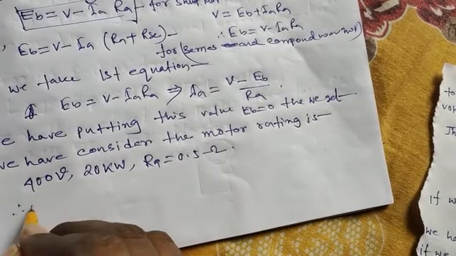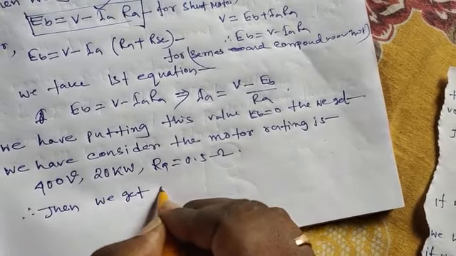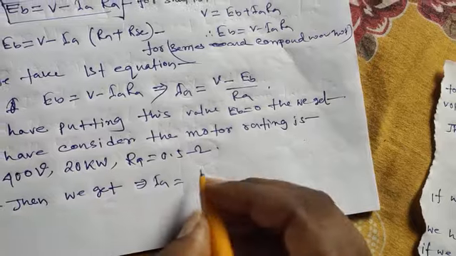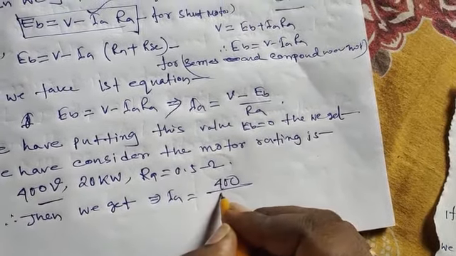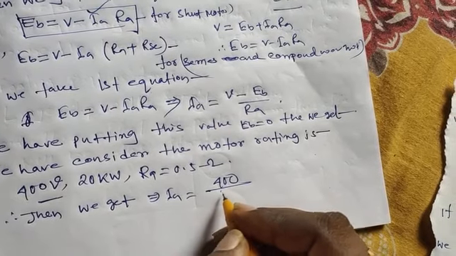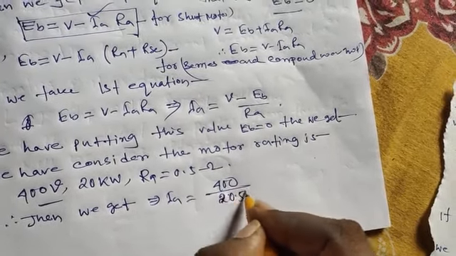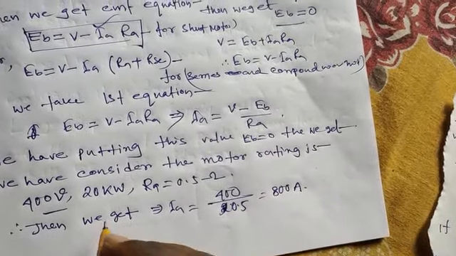Then the armature current IA is equal to supply voltage 400 by 0.5. Okay, then we get 800 ampere.